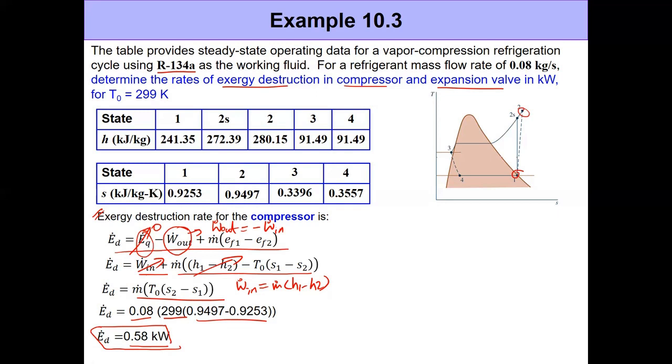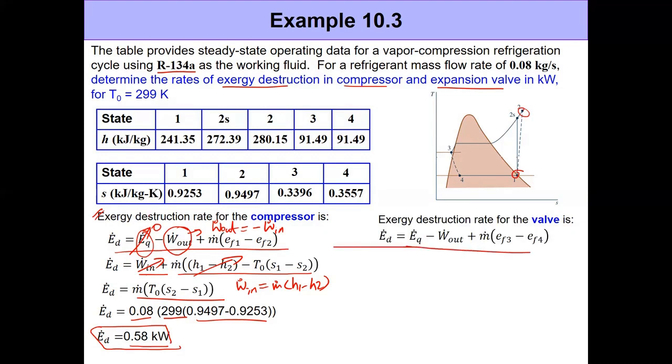All right, now let's look at the exergy destruction for the valve. For the expansion valve, again, this is the general form of the exergy balance equation when we're trying to calculate the exergy destruction. In an expansion valve, there's no work output and no heat transfer. The specific thing about this expansion valve is the fact that it's an isenthalpic device, so the enthalpy remains the same, right?